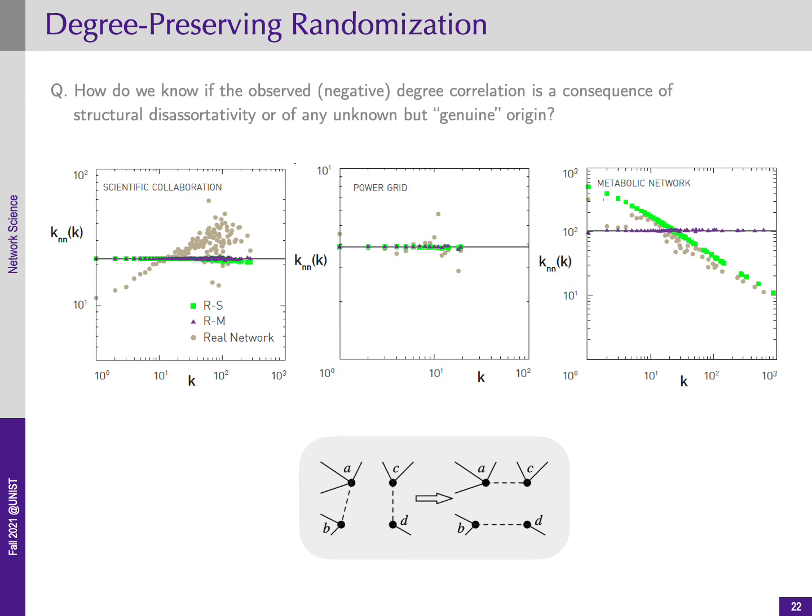Even though we randomize the linking, this negative correlation persists. What does it mean? Yes, as you correctly guessed, this negative correlation is coming from structural disassortativity. Okay?